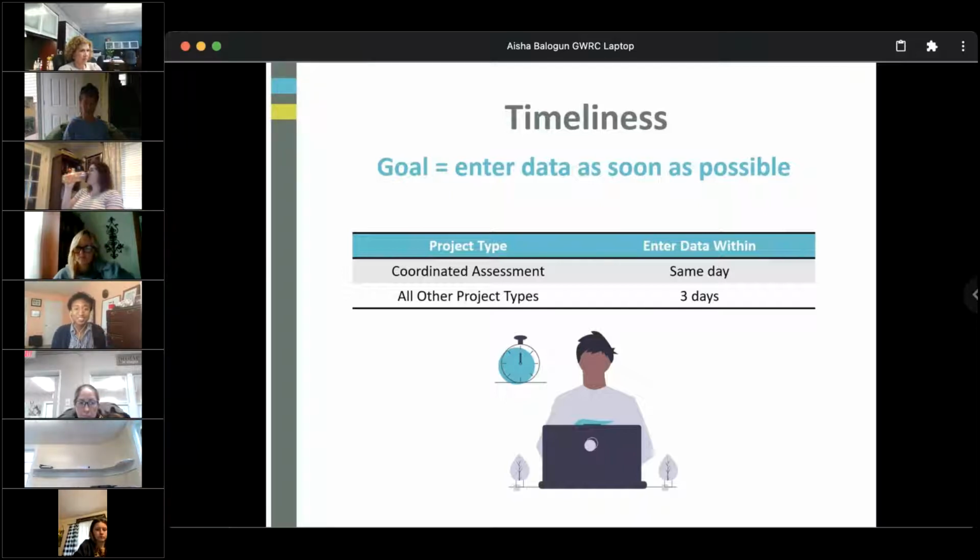Of course, it's a little easier for coordinated assessment because we do have those auto-filling logs. So that makes it easier for you guys in terms of timeliness. For all other projects, the expectation is 3 days. So within 3 days of learning new information or intaking a client, we are expecting that you're able to get that information into HMIS within that time period.